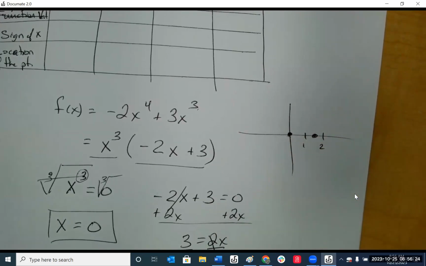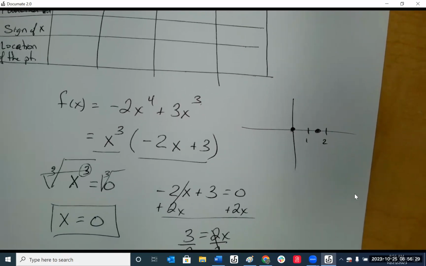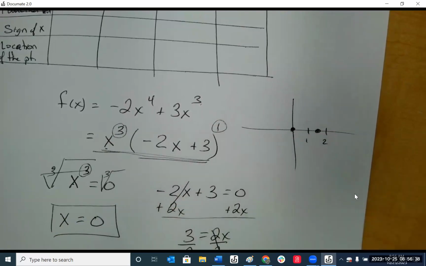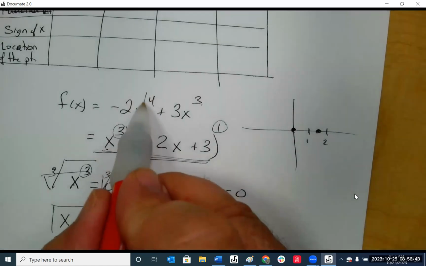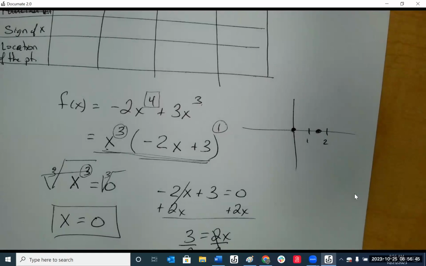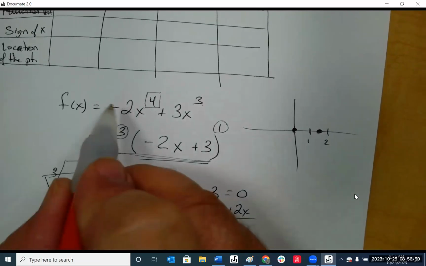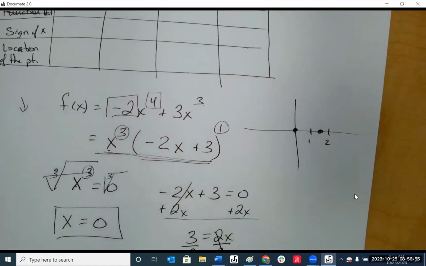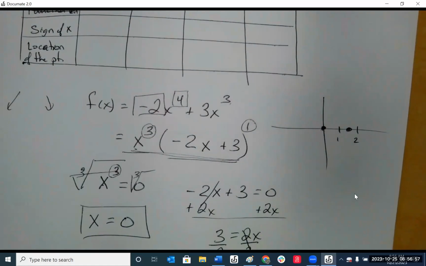Is the graph going to cross or bounce at those points? Yeah, look at this point here. Look at the exponents. They're both odd. So it's going to cross. It's a fourth degree, to the degree of 4, which means both ends point the same direction. It's a negative 2, so we know that both ends will point down.